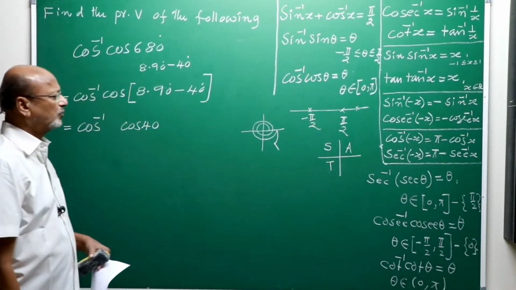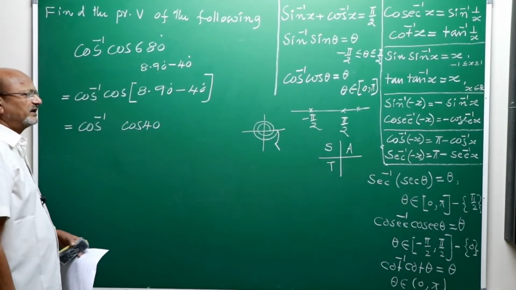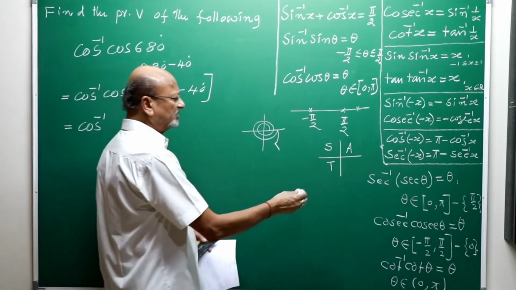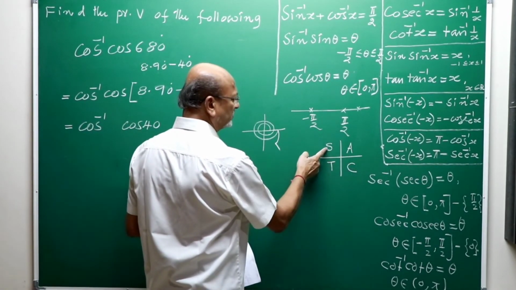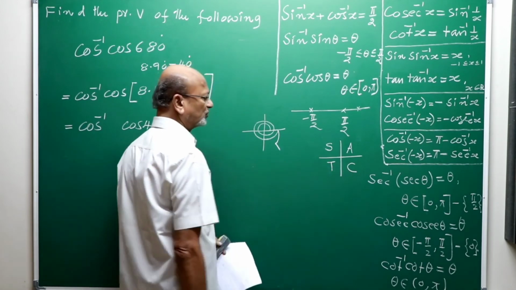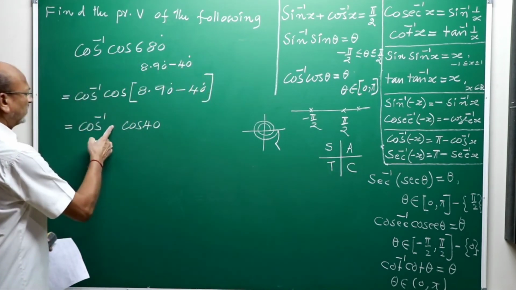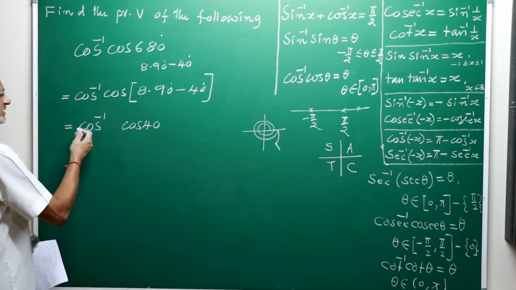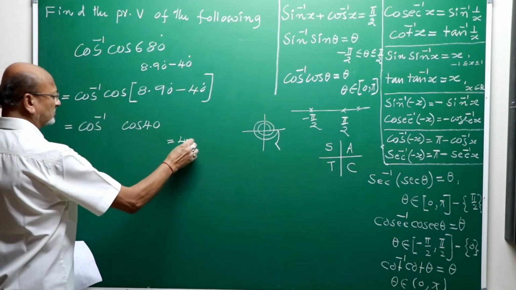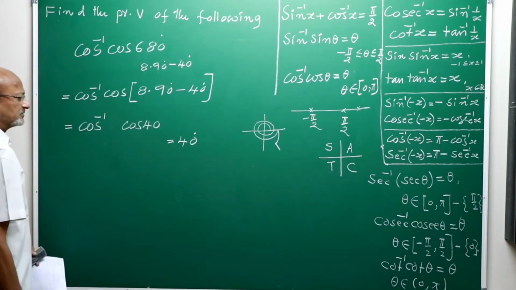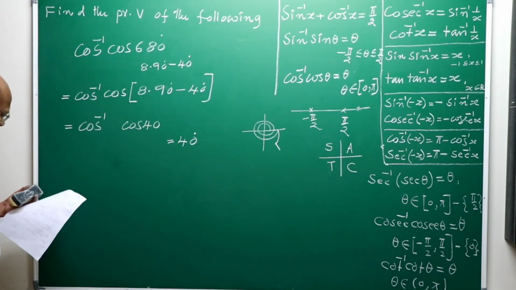It is in the fourth quadrant. In the fourth quadrant, cos is positive. I told all silver teacups, cos is positive. Therefore, it is plus sign. Therefore, cos inverse of cos 40 degrees is 40 degrees.